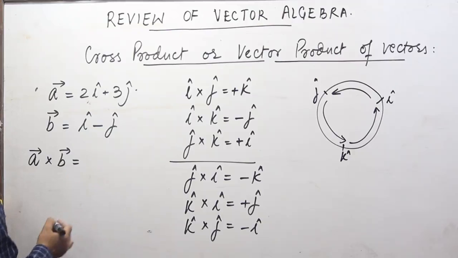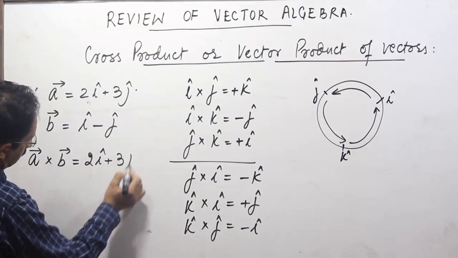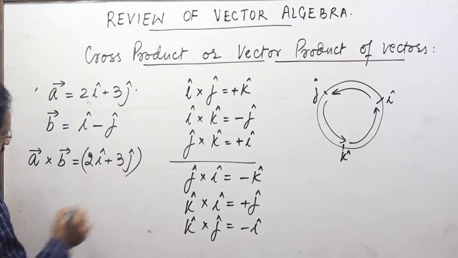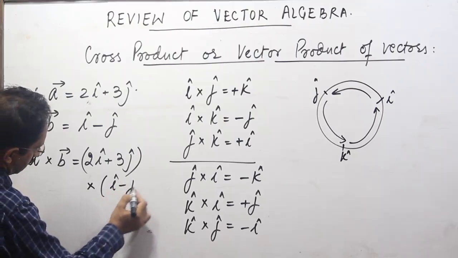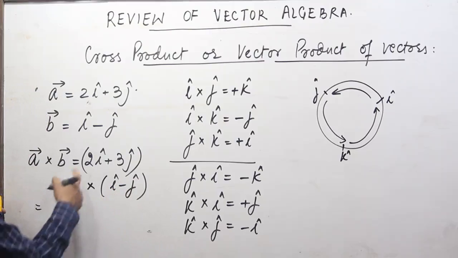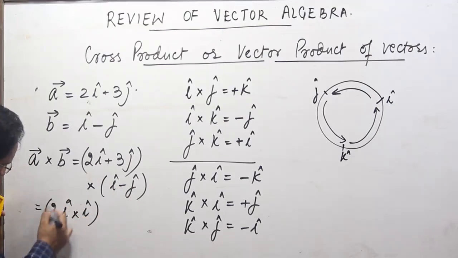I want to find out A cross B. A cross B would be like this. So I have 2I cap plus 3J cap multiplied cross I cap minus J cap. Start multiplying with 2I cap. So I have 2I cap cross I cap, first product.